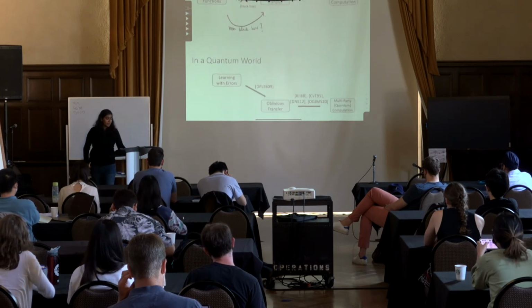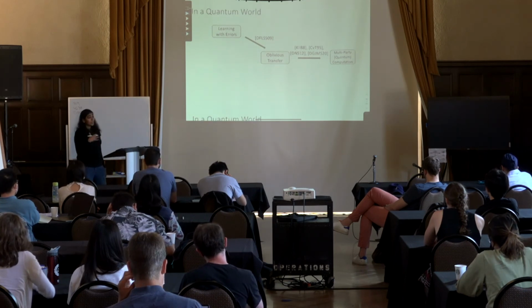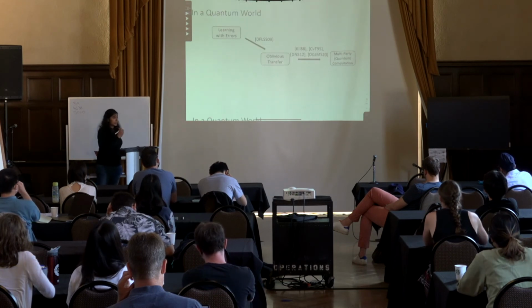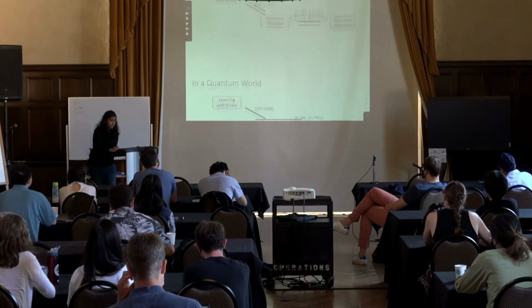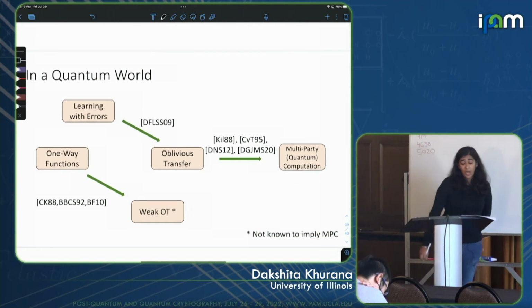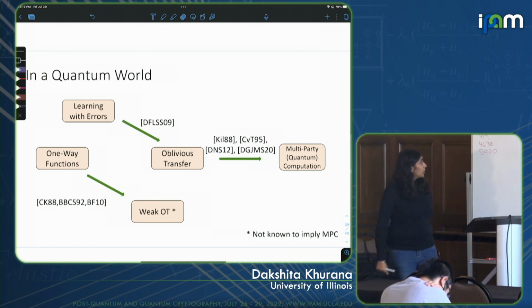Now, things become dramatically different in a quantum world, where learning with errors is known to imply OT, just like the classical setting. This was a result of Damgard et al. But one-way functions are also known, and they have been known for the past 12 years or so, to imply weak variants of OT.